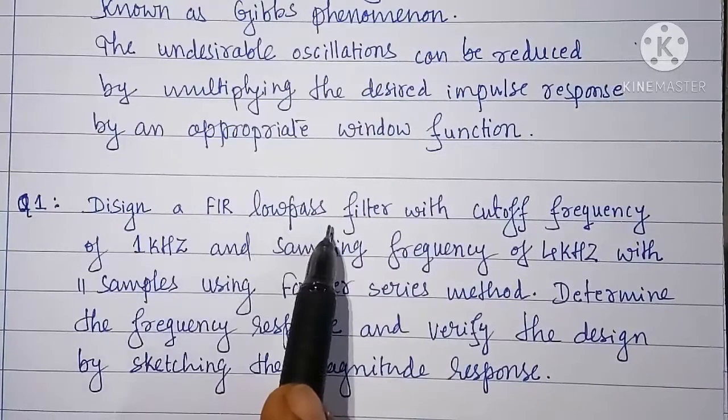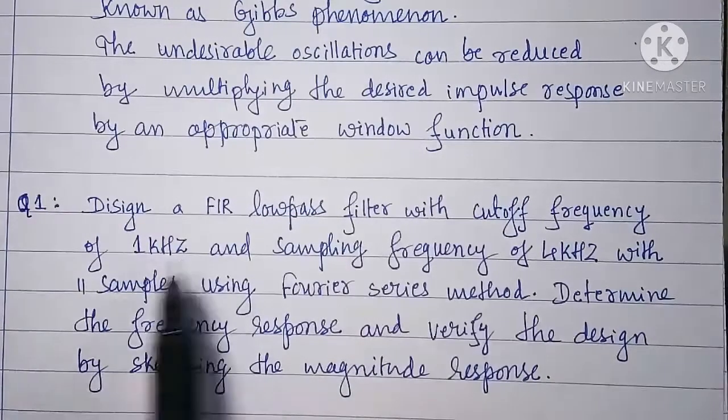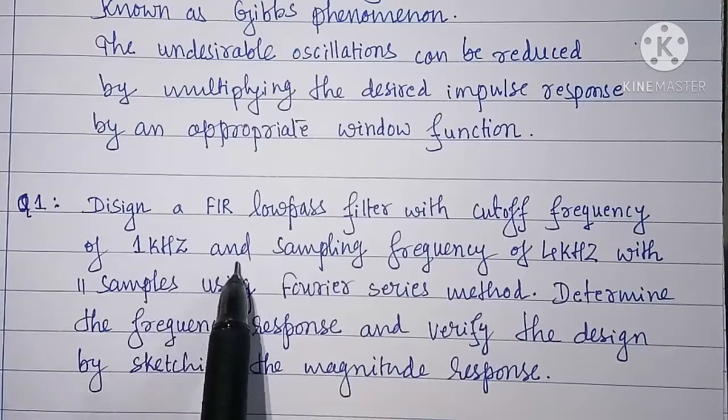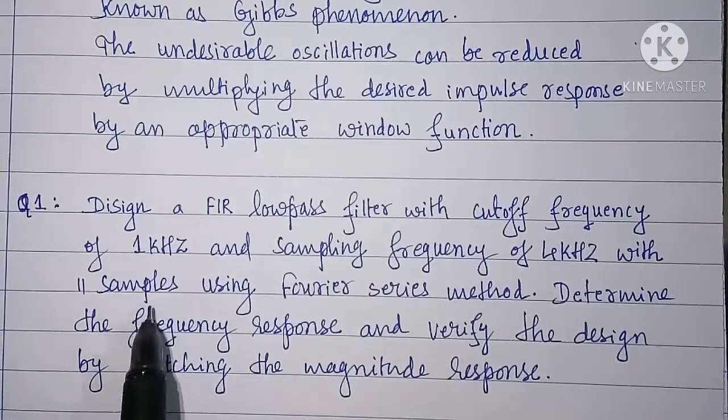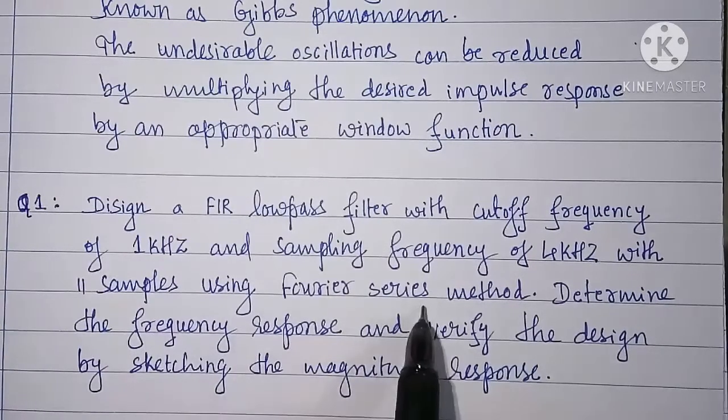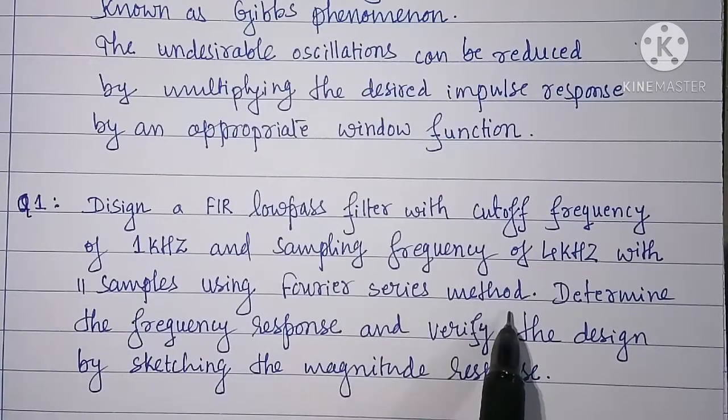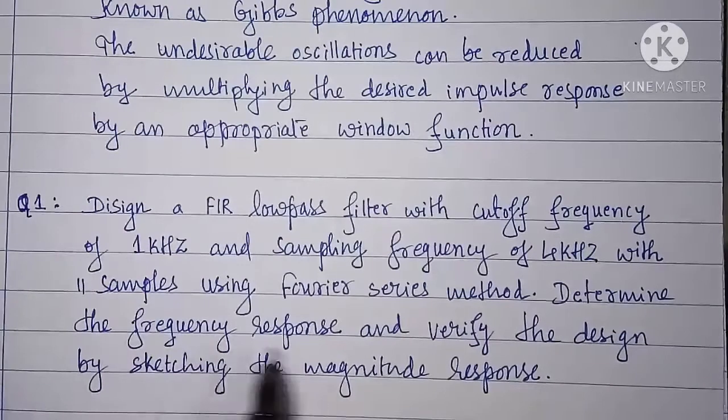Design a FIR low pass filter with cutoff frequency of 1 kHz and sampling frequency of 4 kHz with 11 samples using Fourier series method. Determine the frequency response and verify the design by sketching the magnitude response.